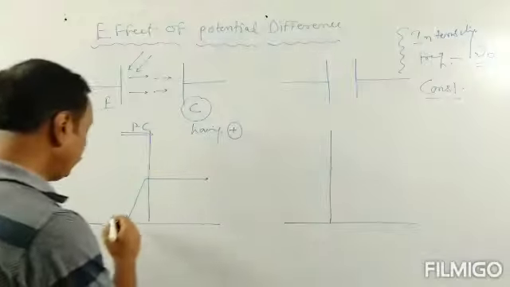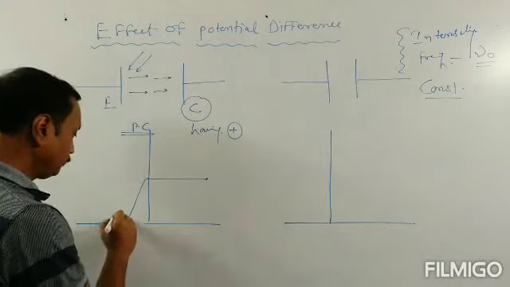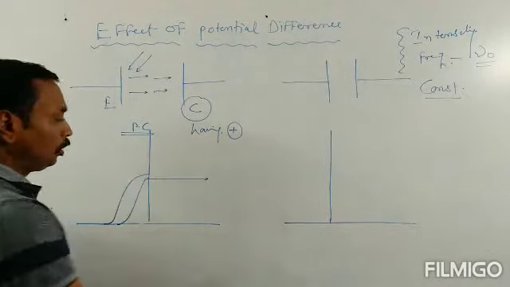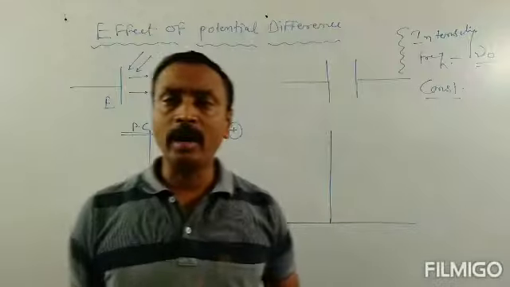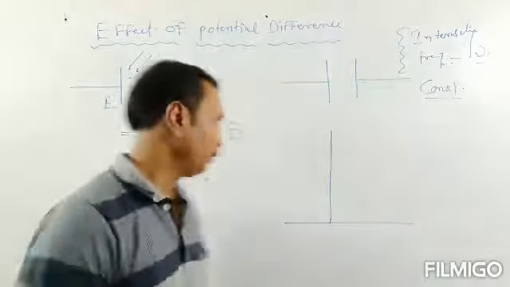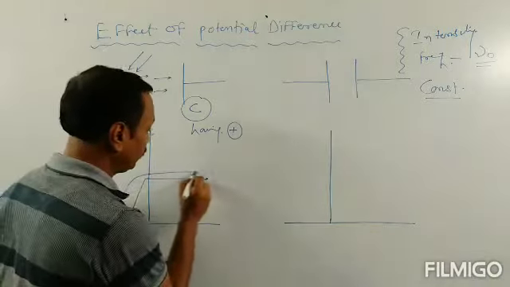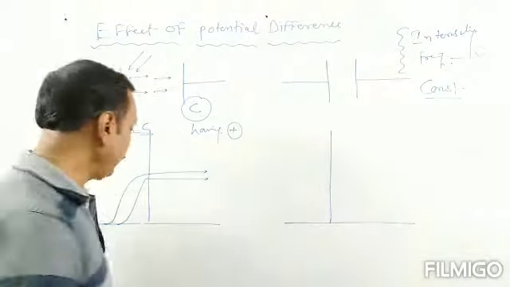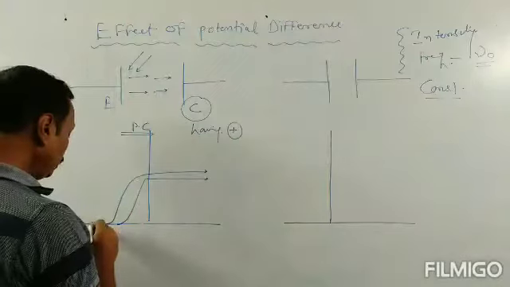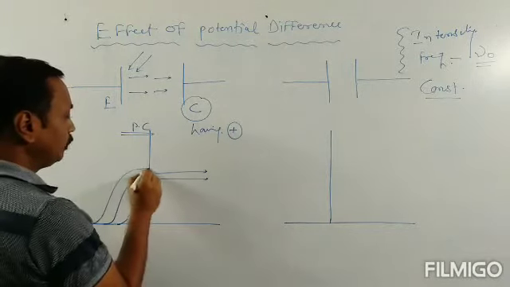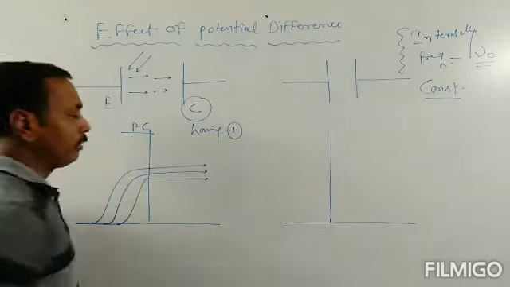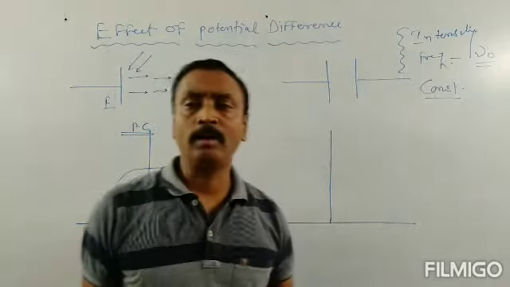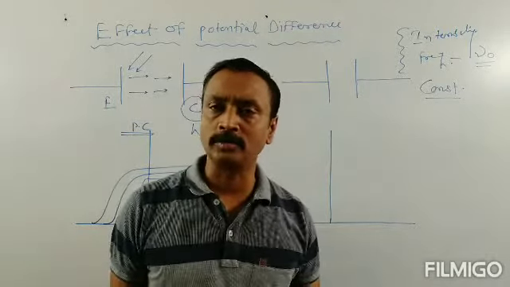Again I get the photoelectrons and the photoelectric current. Then again, I increase the potential difference, and there is no doubt I get the photoelectrons or photoelectric current.